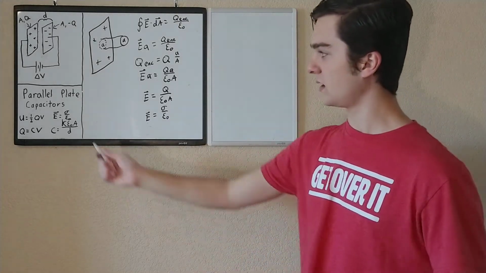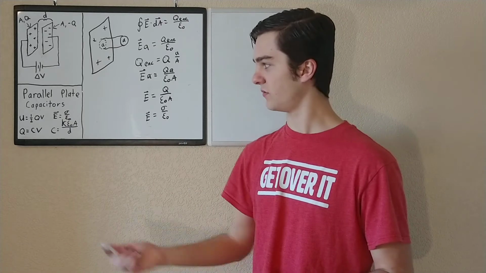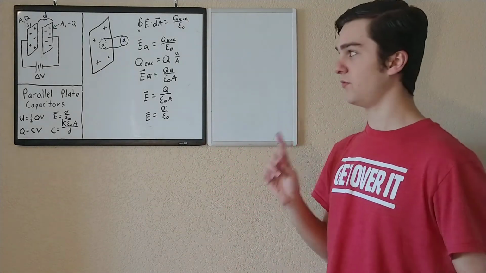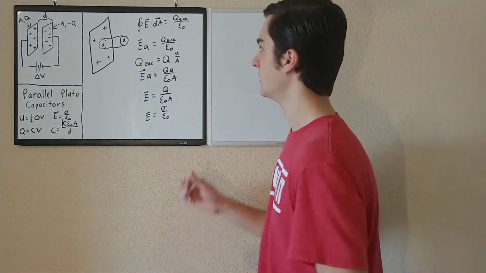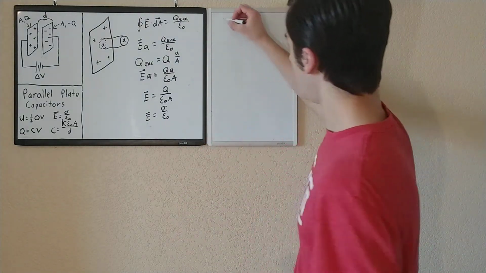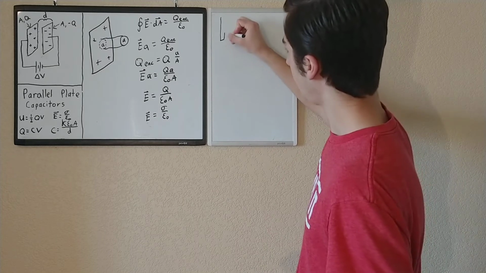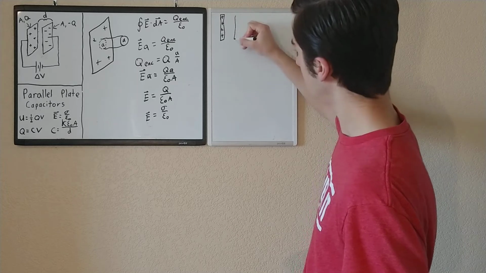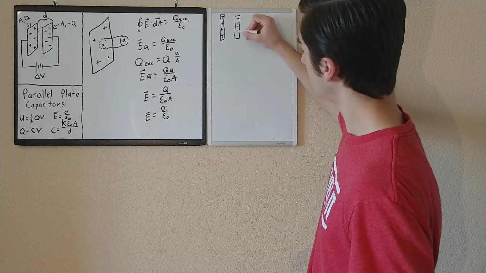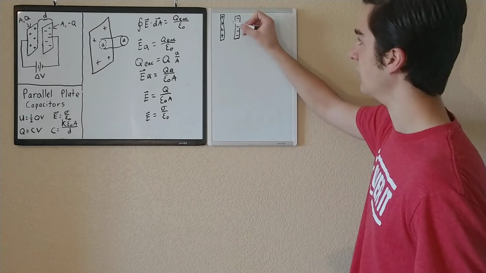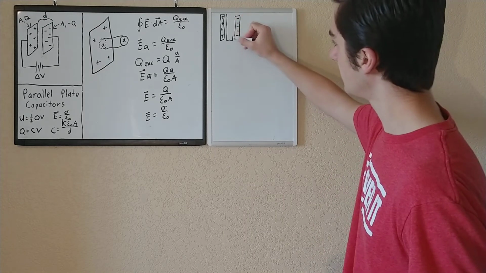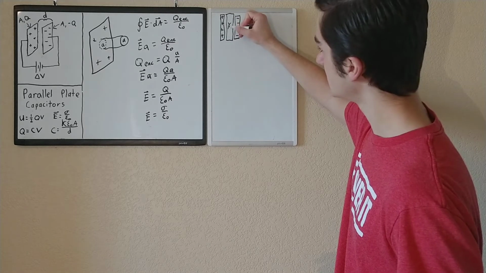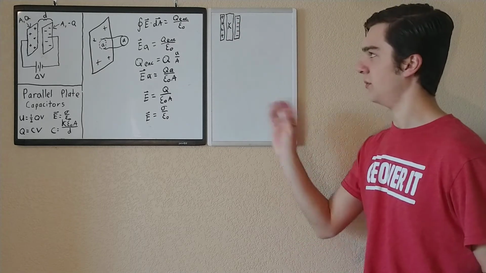Now we're going to move on and discuss the general capacitor equation and the equation for capacitance. But before we do that, we have to look at dielectrics. Imagine taking a capacitor with a positive plate and a negative plate, and inserting some dielectric with some dielectric constant kappa. That's an awful kappa, but whatever.